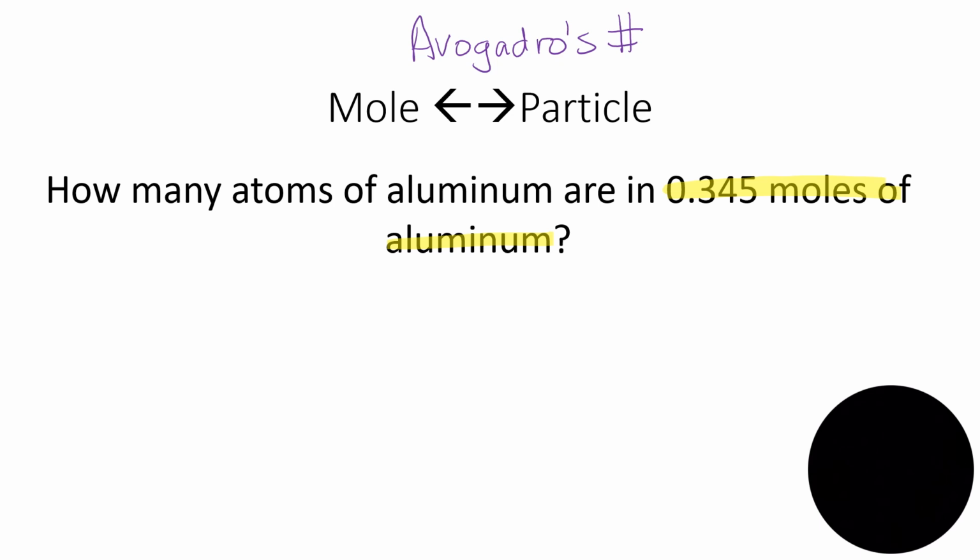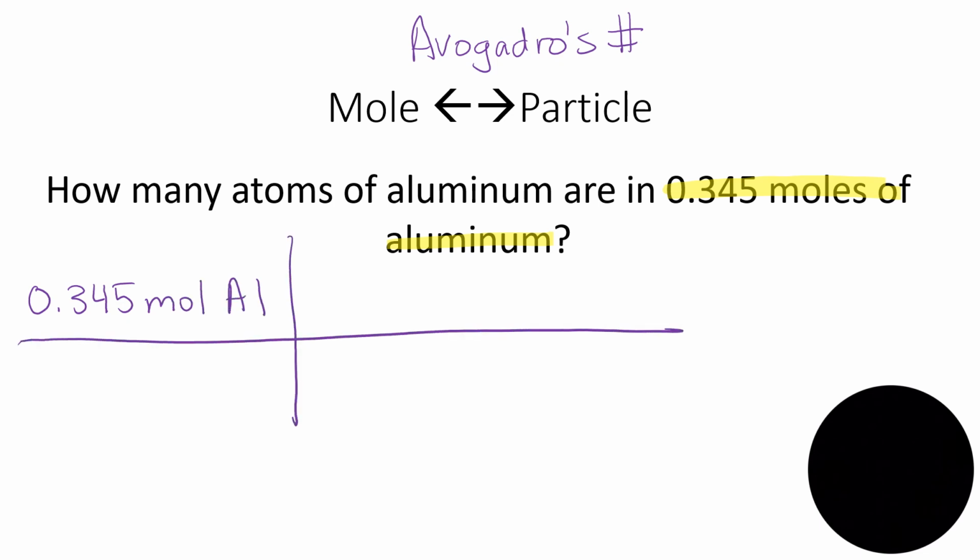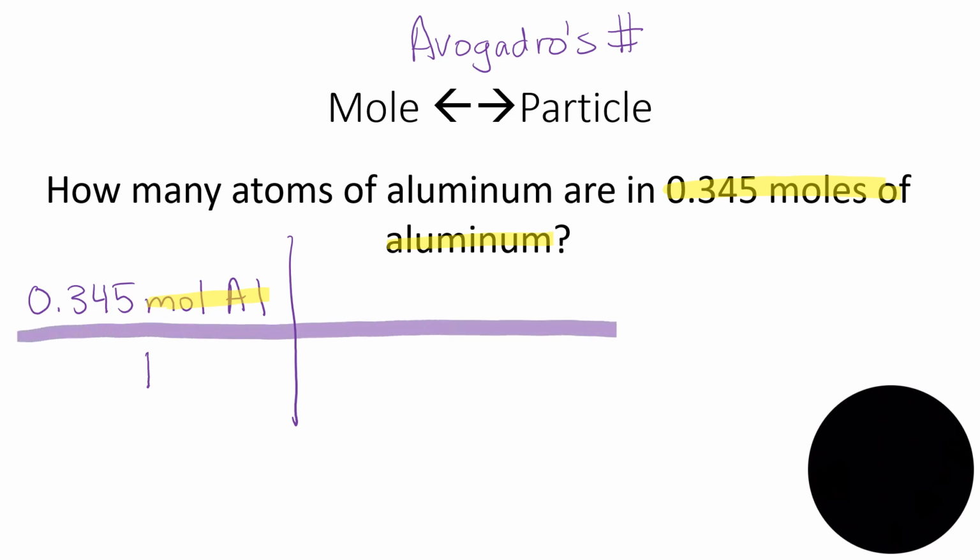So I'm going to start with my number here, the number and units I was given in the problem. Put a 1 as a placeholder. The units that I was given move down.